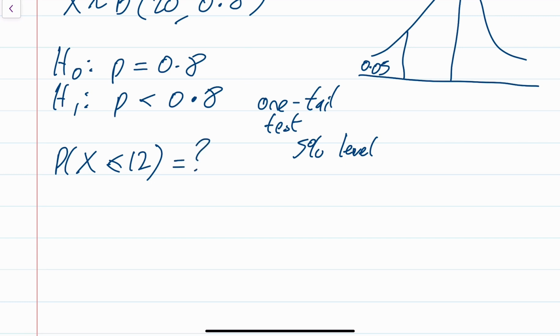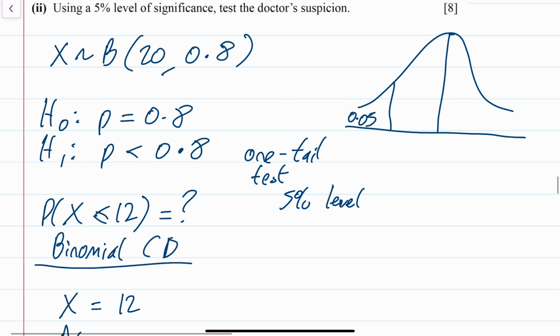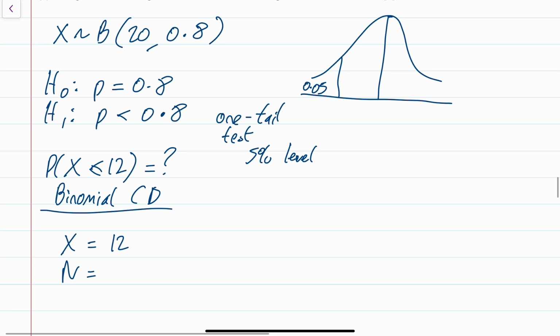So we're going to go into our binomial CD and have a wee look. I just like to go into variable. Then your X is 12, your N is 20, and your P, your probability of success, is 0.8.